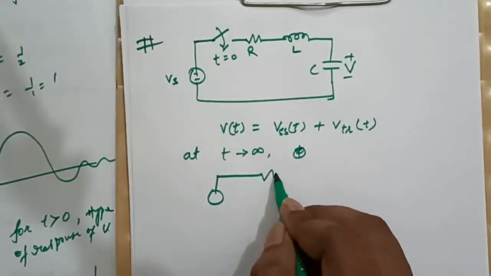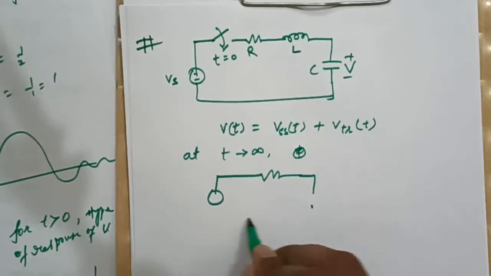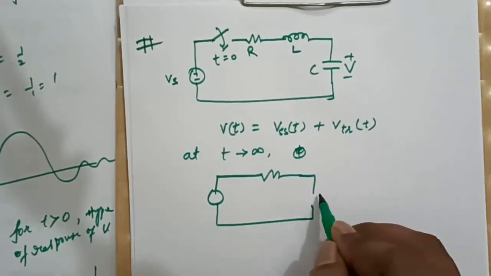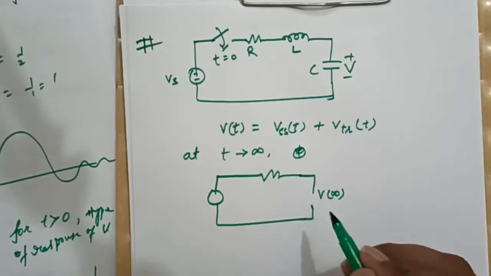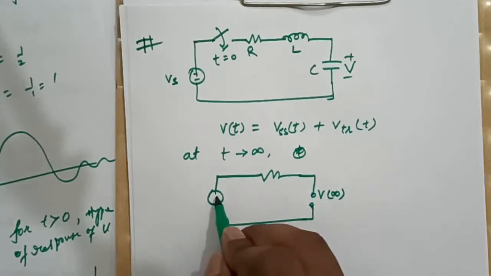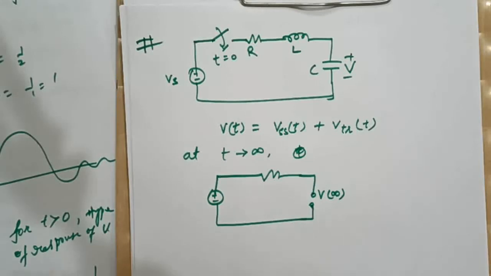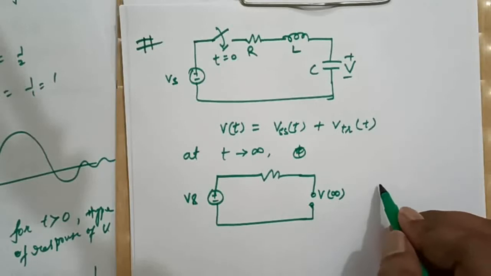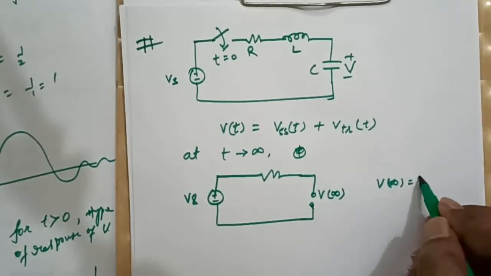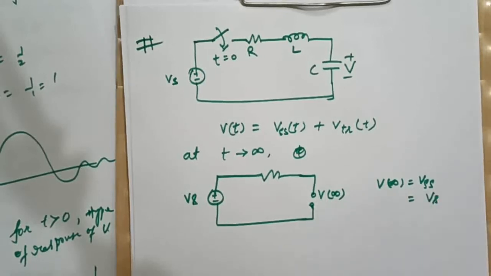The switch is closed, R will be the same, this inductor will get short circuited and this capacitor will become open circuited, which will be denoted as V infinity, that is the voltage across the capacitor at time t equal to infinity. So V infinity will be what? Nothing but Vs, right?